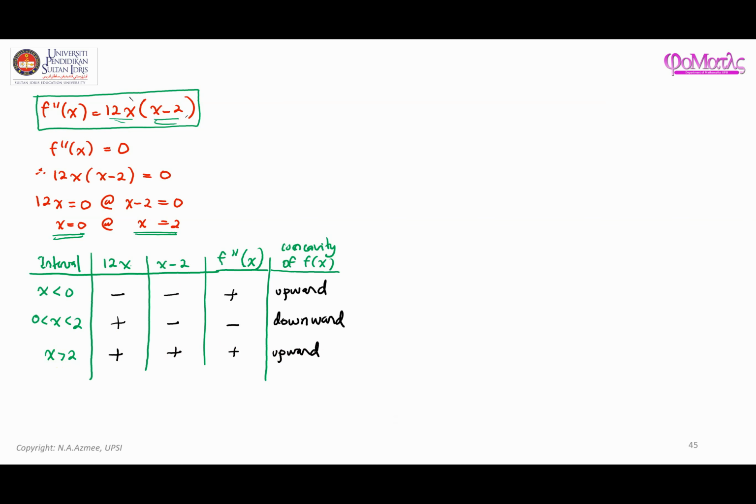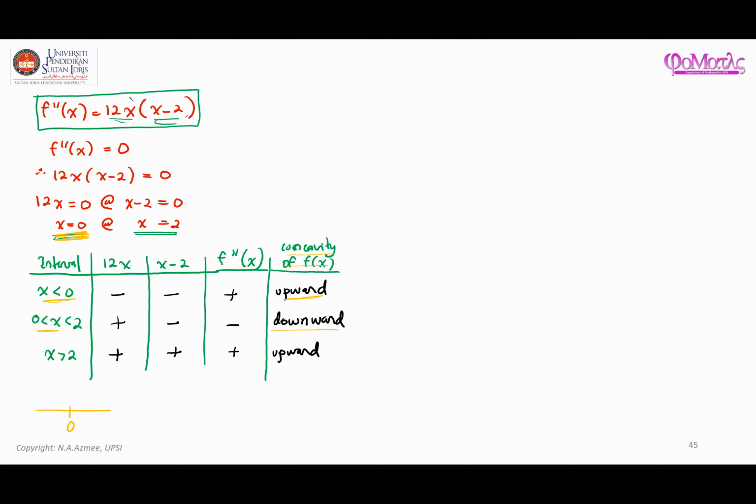All right. Now, based on this, we can determine that for point x equals 0, it is a point of inflection, or inflection point, because the concavity of f(x) changes from upward to downward. So you can imagine this is point 0.